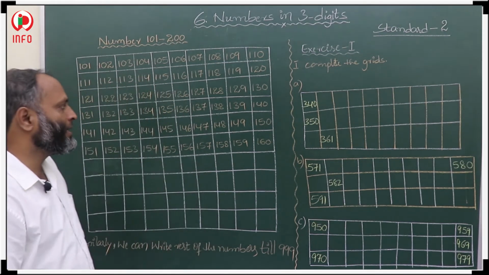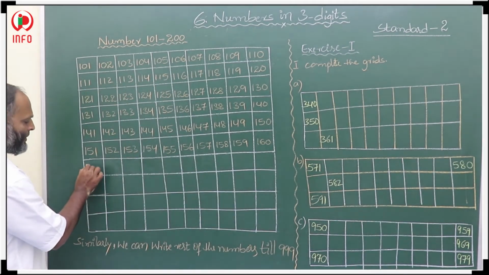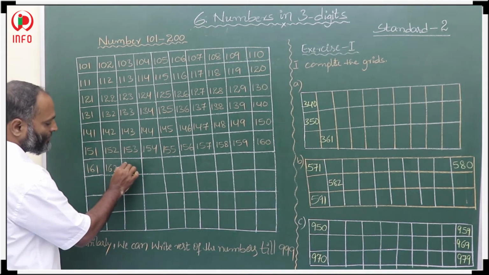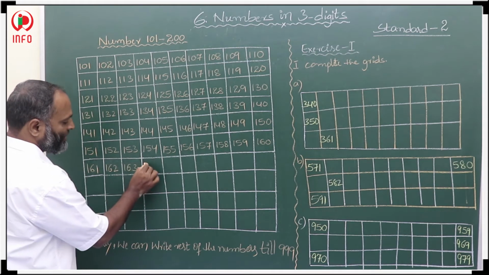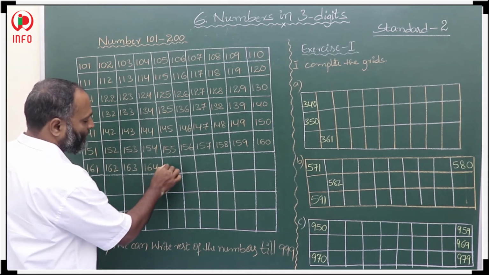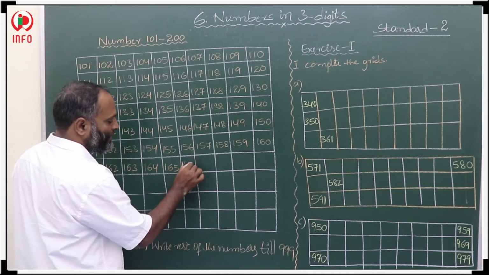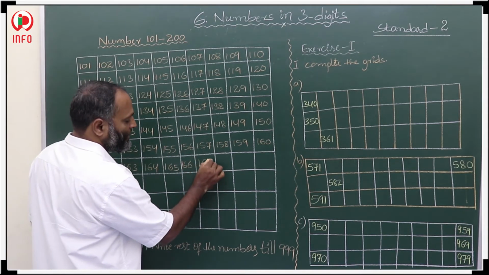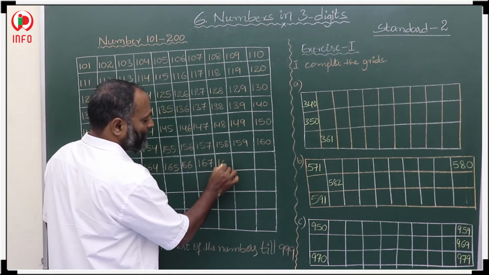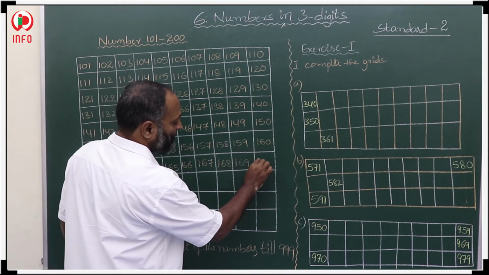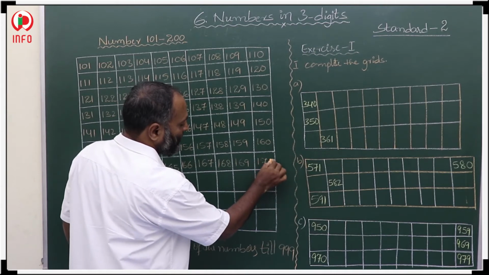Then after 60, 61, so 161, 162, 163, 164, 165, 166, 167, 168, 169. After 69, 70.